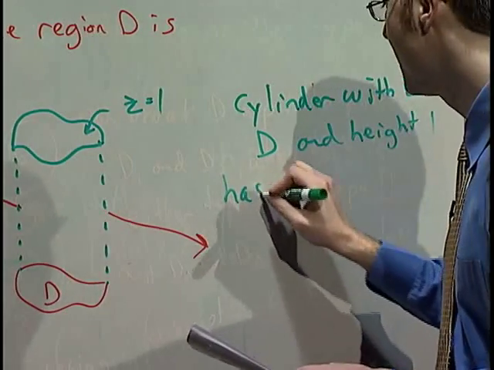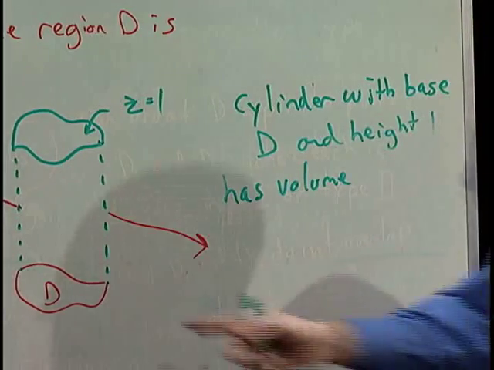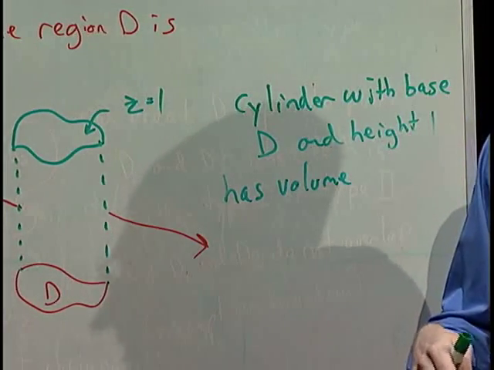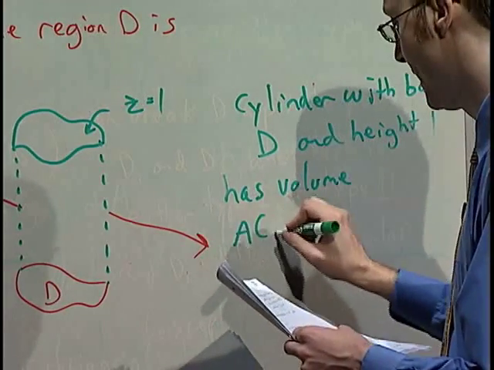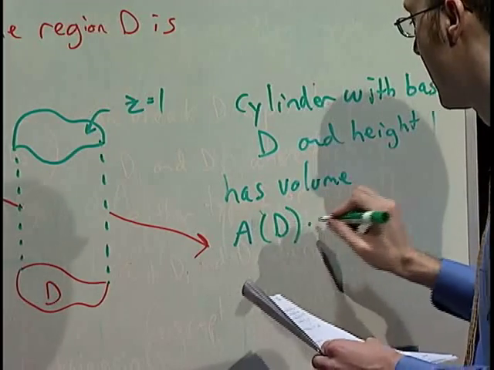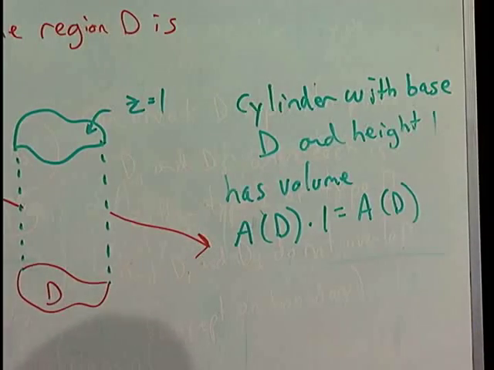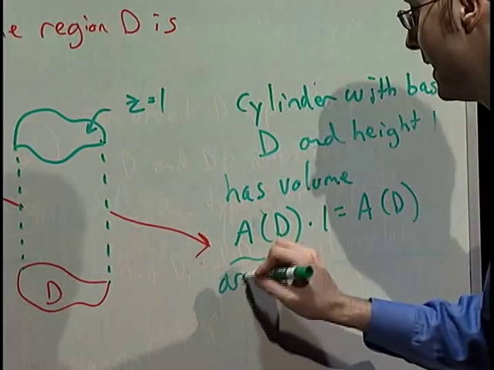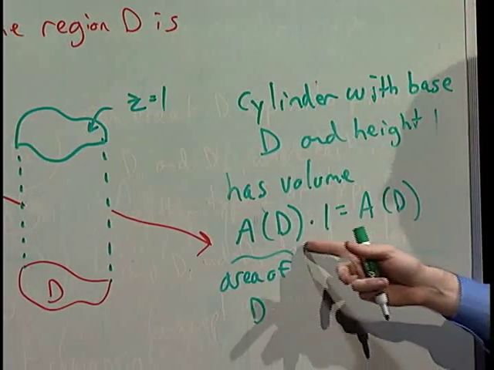Its volume is the area of the base, the length and the width, times the height, which is 1. So the volume is the area of D, A of D, times 1, which is A of D. Volume is length times width times height.